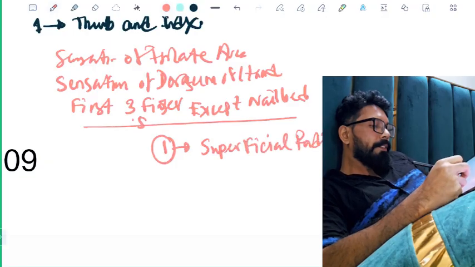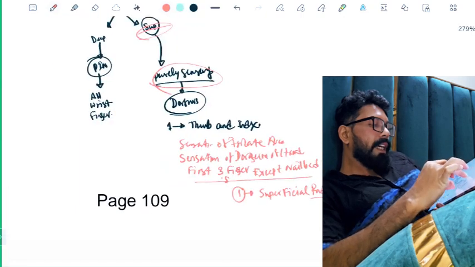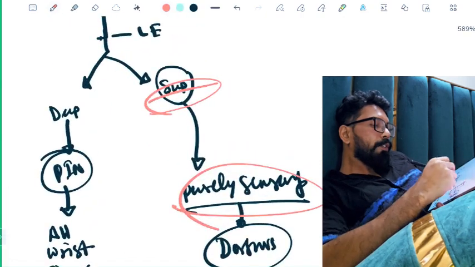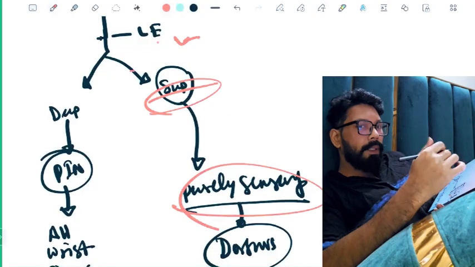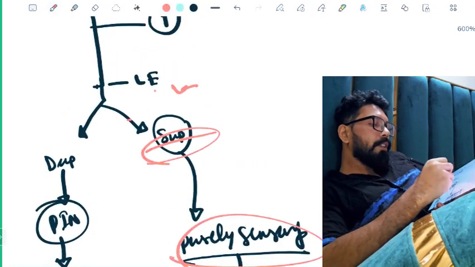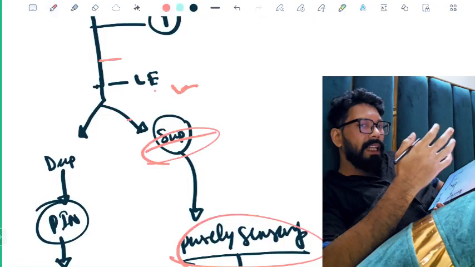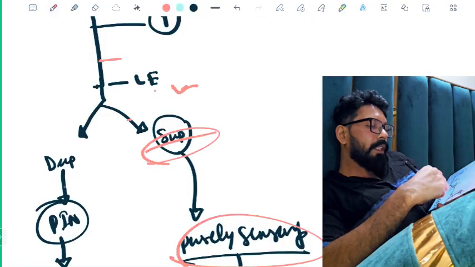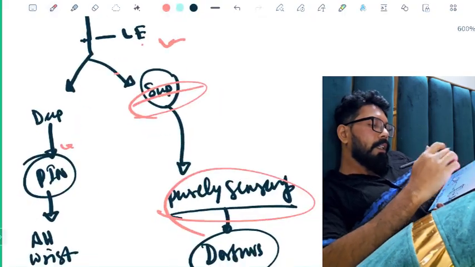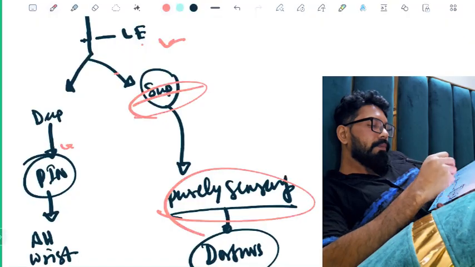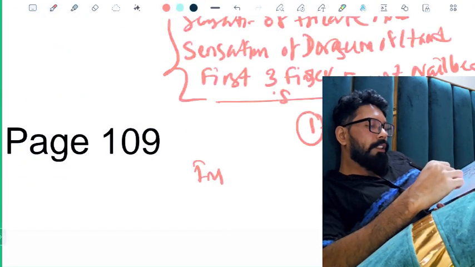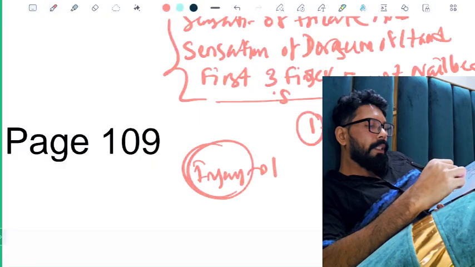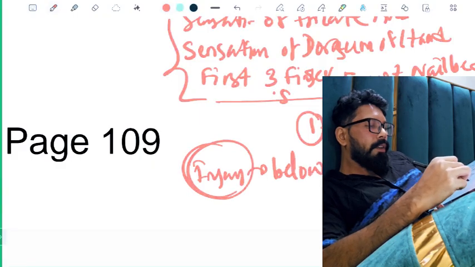If the superficial radial nerve is injured, the injury must of course be after the lateral epicondyle, simply because it arises after the lateral epicondyle. An injury at the higher level is possible, but that's less common because that would injure the other branch too. The injury will most commonly be below the elbow joint.